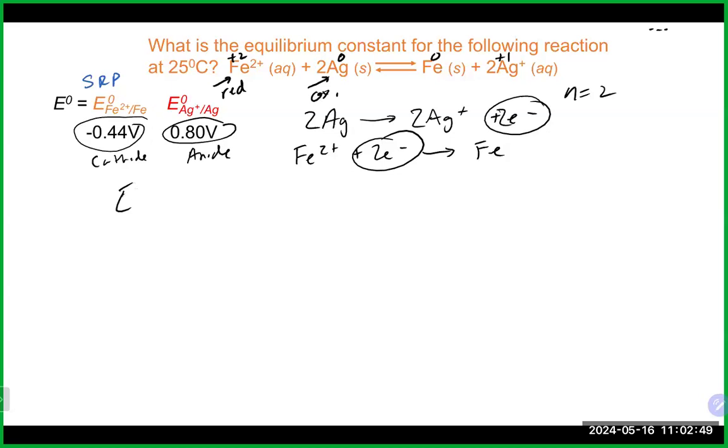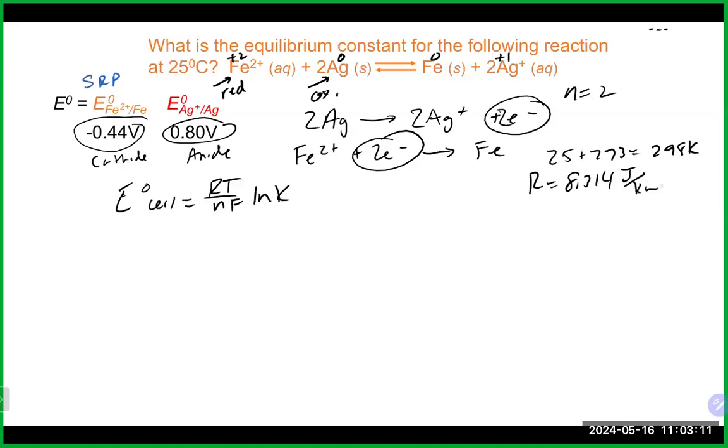Taking our equation there, E of our cell will equal RT over nF natural log of K. We got our n, F is a constant. Obviously, you need to go 25 plus 273 to get to 298. R is a constant, and we do want to make sure we use the correct version of it there. And we do need to calculate E of our cell.